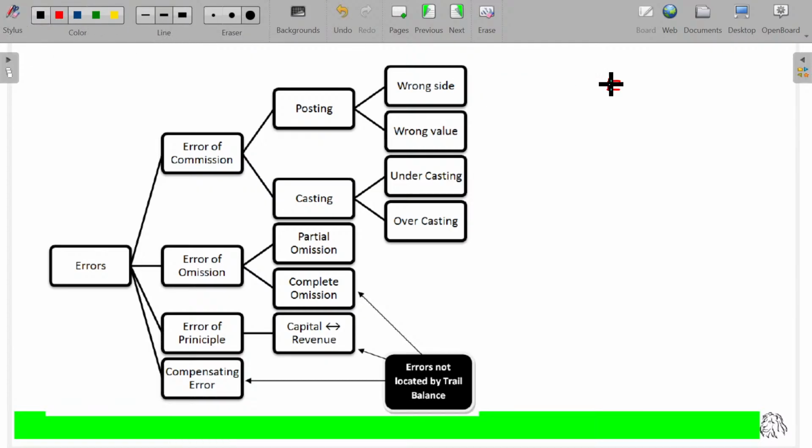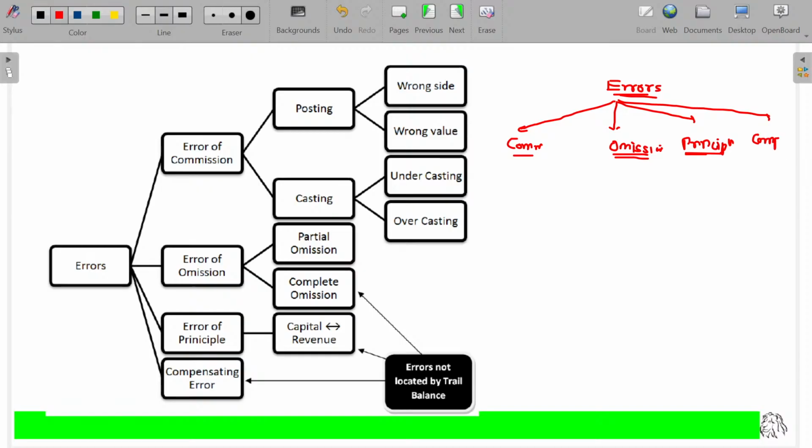Okay, so we have error of commission, error of omission, error of principle, and compensating error. So we have four types of errors.